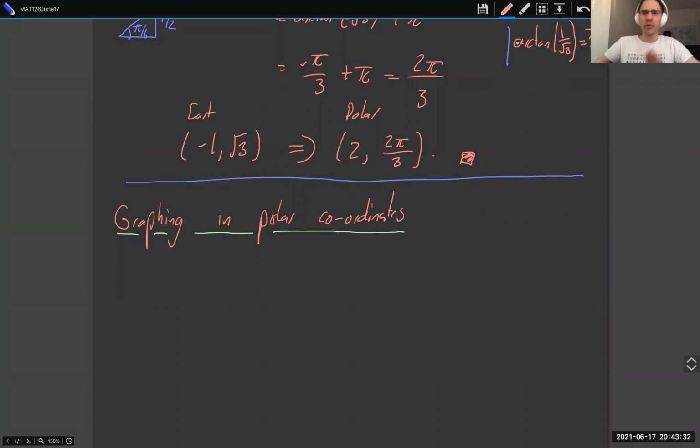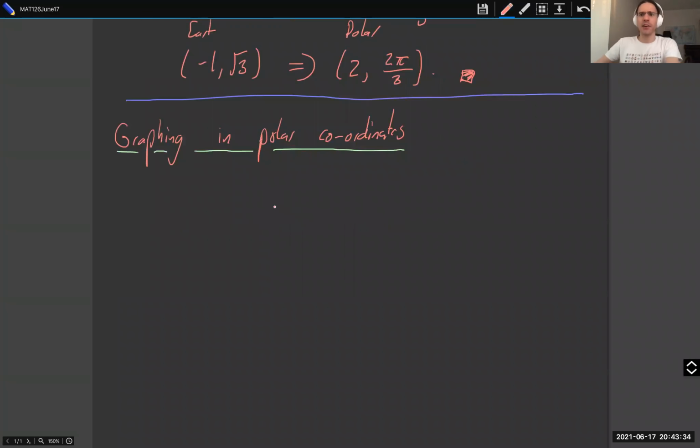Typically, when we're working in Cartesian coordinates, a function looks like y equals f of x.